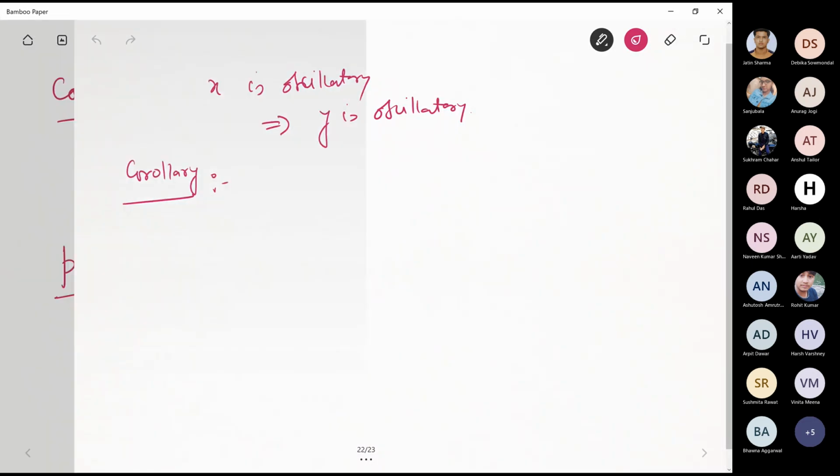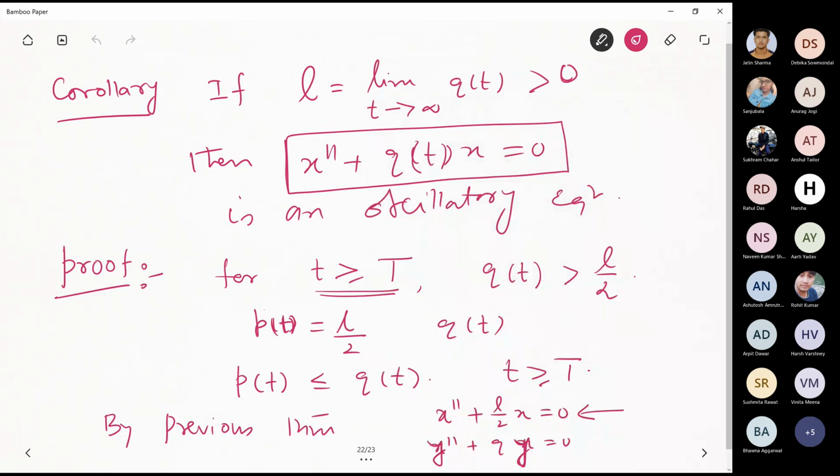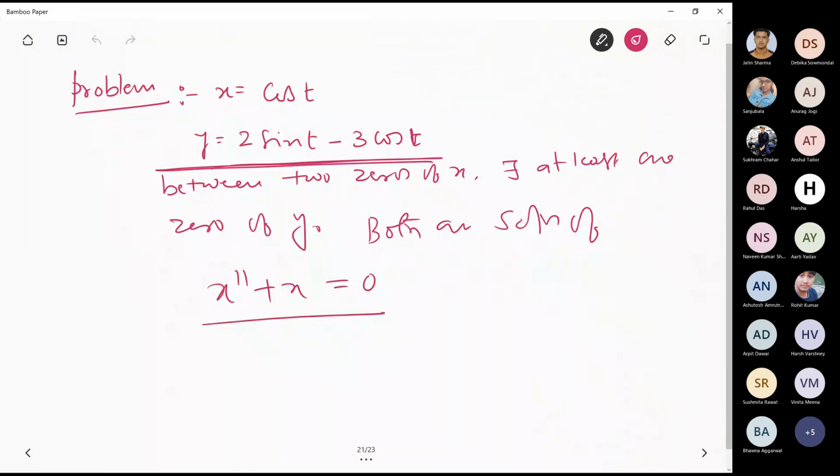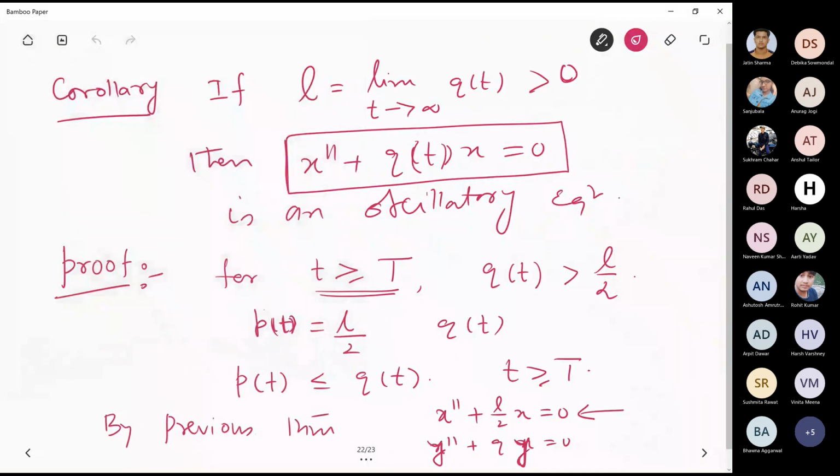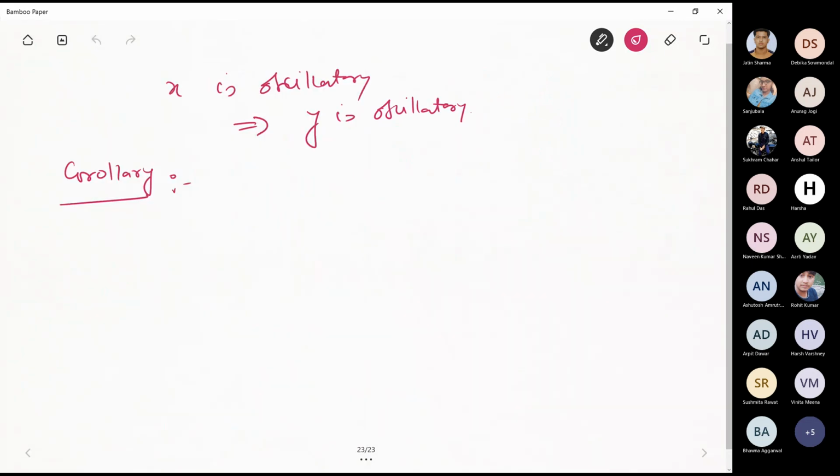This condition will give the oscillatory behavior. That is, if you have a coefficient which at t tends to infinity is positive, then the equation is going to be an oscillatory equation. At infinity, it's enough to have it at infinity.